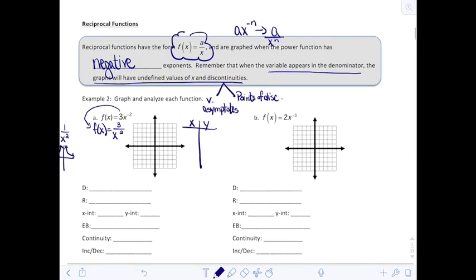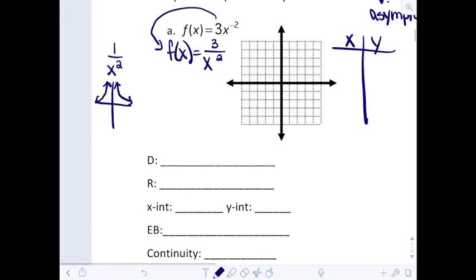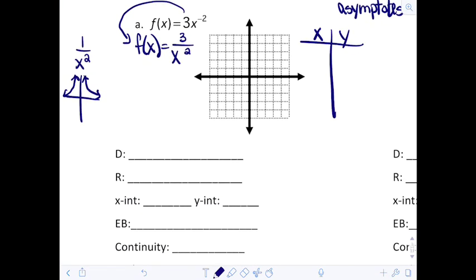This would be this parent function here, 1 over x squared, that we looked at in chapter 1, but now we have a 3 out there, so it's going to rise maybe a little steeper, coming in towards 0 from both sides. So the points that I've picked, when I plug in 0, of course, that's undefined. We have a vertical asymptote there. I picked 1, and that gives me 3 as a y value.